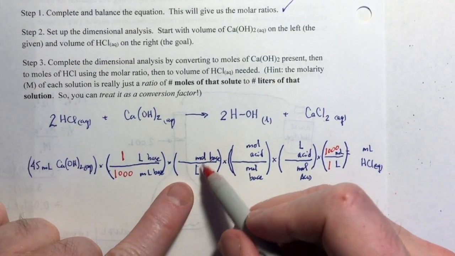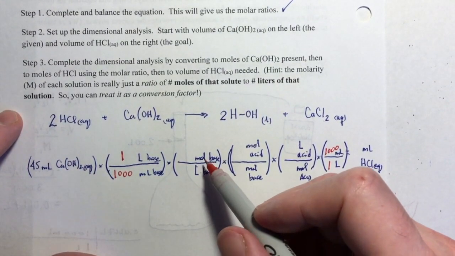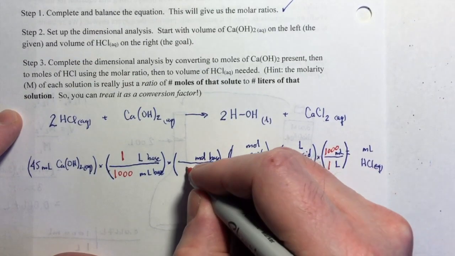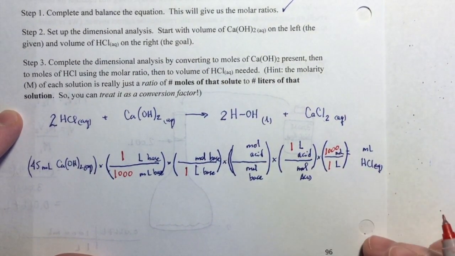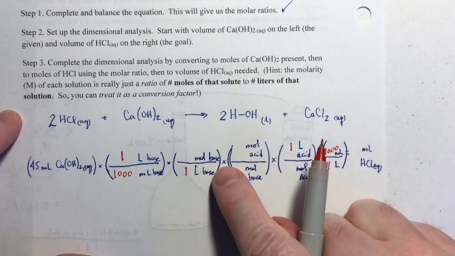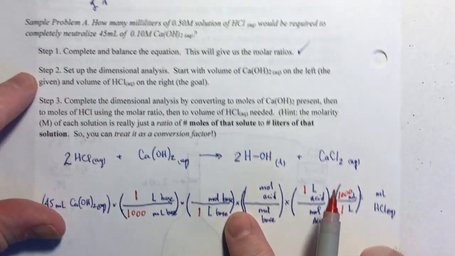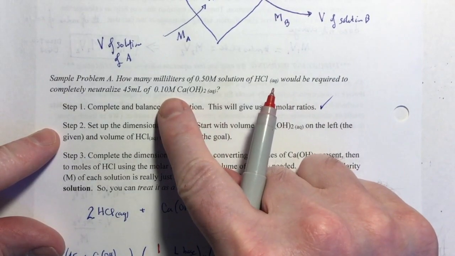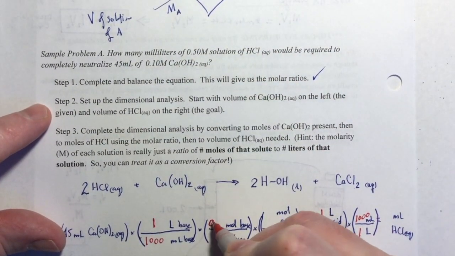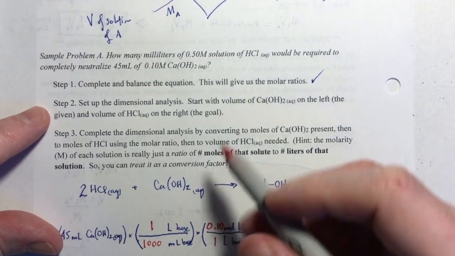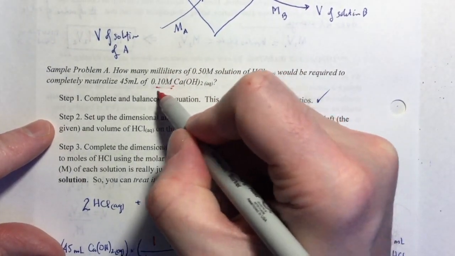We know that molarities are the number of moles per 1 liter. So molarity is always per 1 liter, right? So what is the molarity of the base? Well, it's up here. The molarity of the base, 0.10 moles per 1 liter. That's what that means.